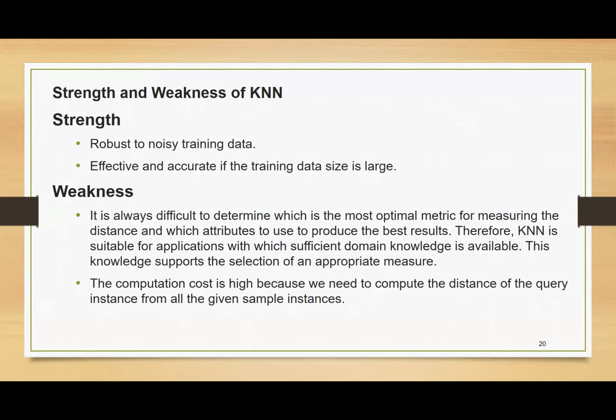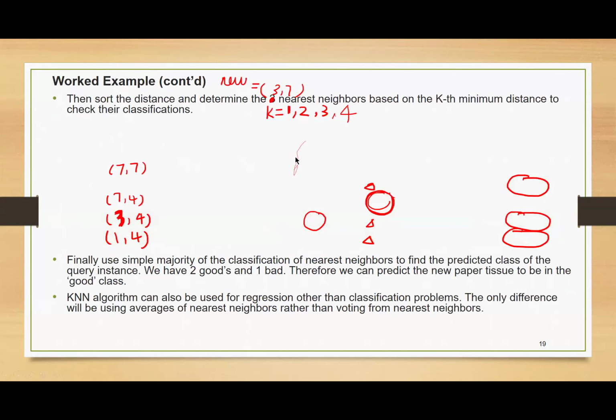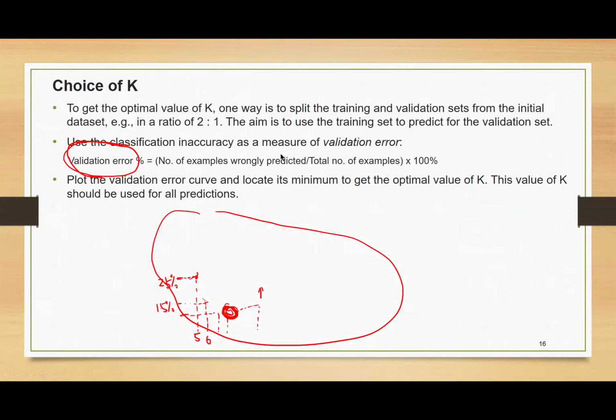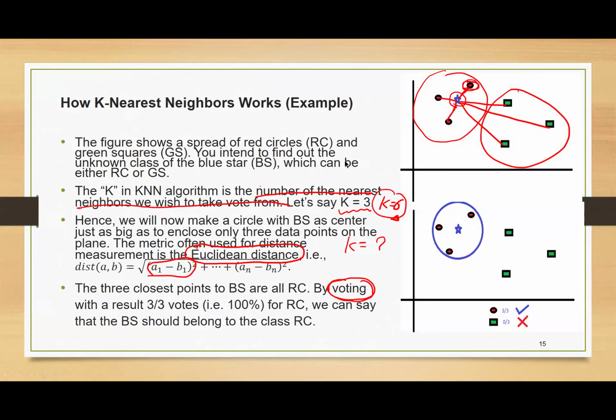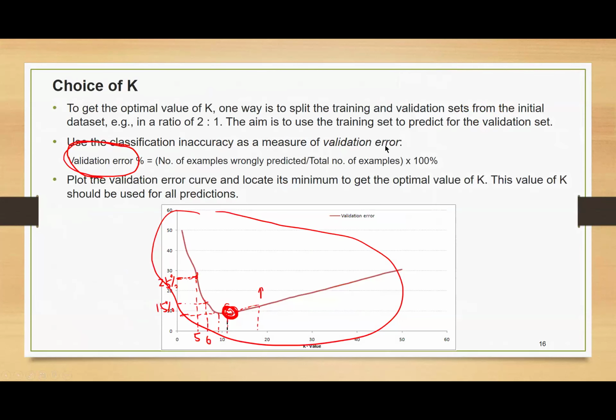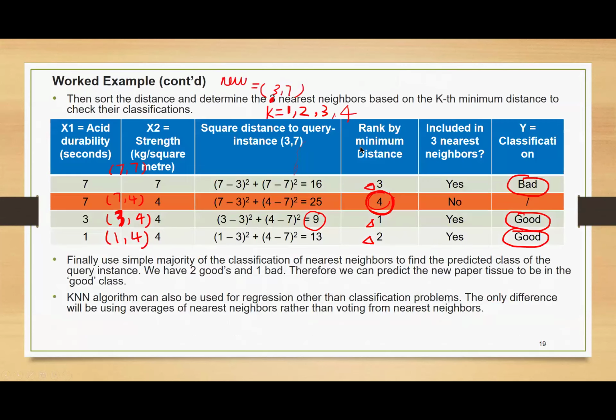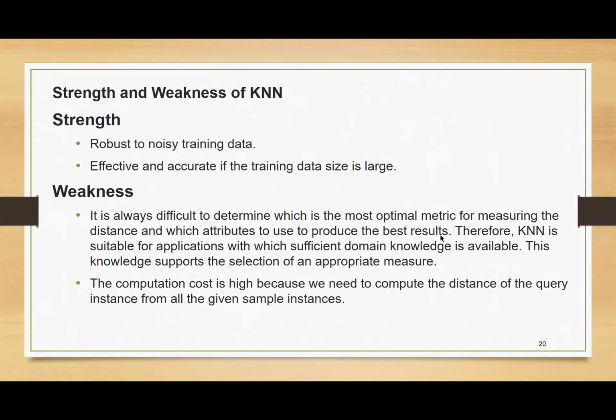And the weakness is also very obvious because you need to calculate the distance of all data points in the data set, right? If you have millions of data points, you need to calculate millions of distances, and then rank those million distances to find out the K nearest neighbors to decide which class it belongs to.